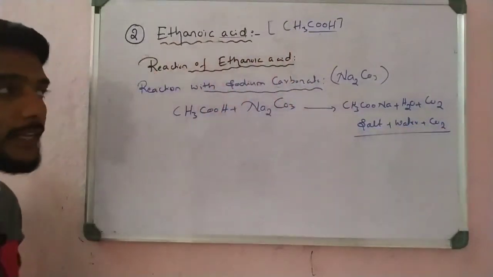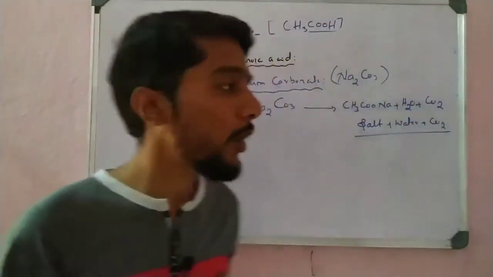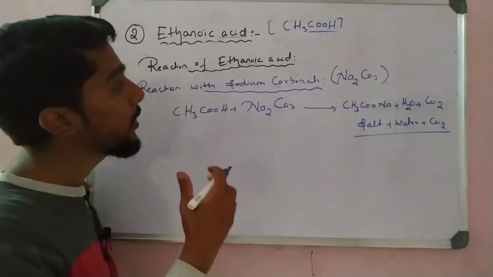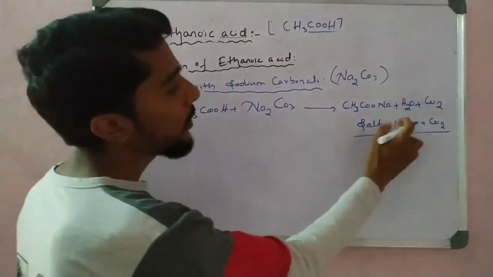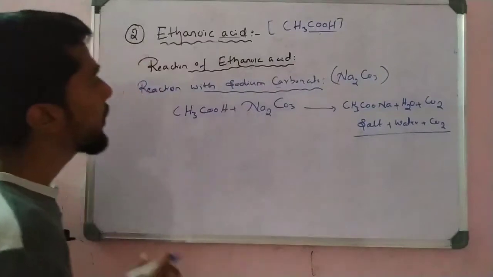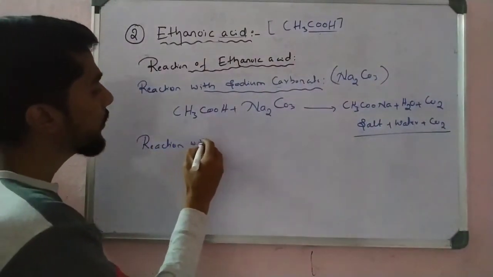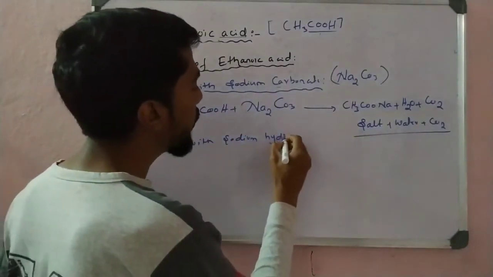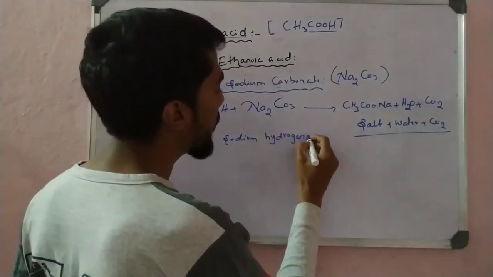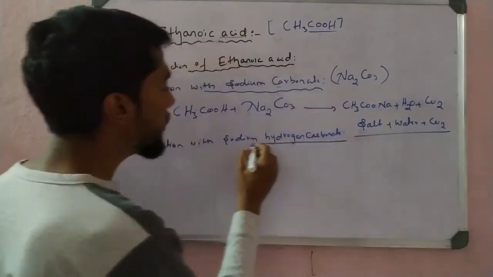That is very important. So in examination, what happens when sodium carbonate reacts with ethanoic acid? Simple: they form salt, water and carbon dioxide. So the second and last reaction of this video is the reaction with sodium hydrogen carbonate, also called bicarbonate.